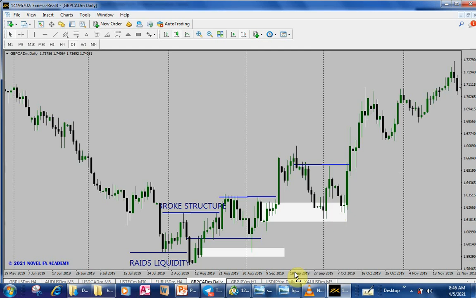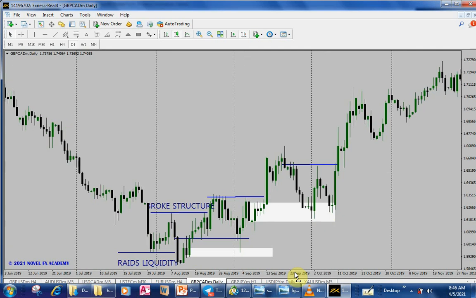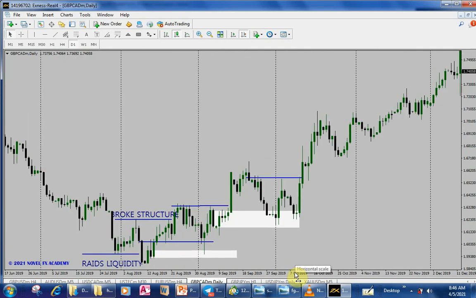Then, like I also said earlier on, we can determine order flow using order blocks. So when we saw this particular price structure here, we saw this expansion move in price return to that OB.